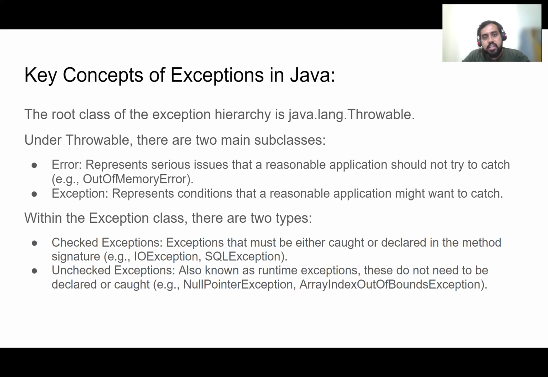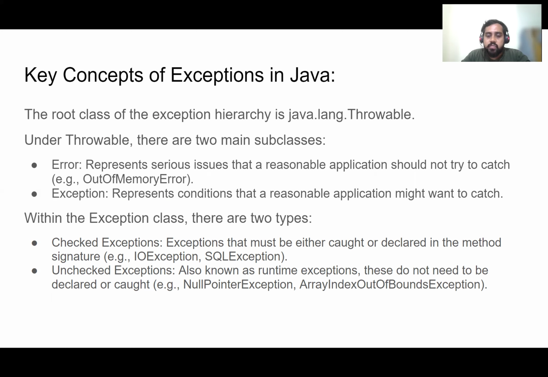Suppose that has been exhausted or overflowed. At that time we'll get an error like an out of memory error that our program is not able to catch or fix. The hardware needs to be scaled up or replaced with a bigger hard disk or something like that.